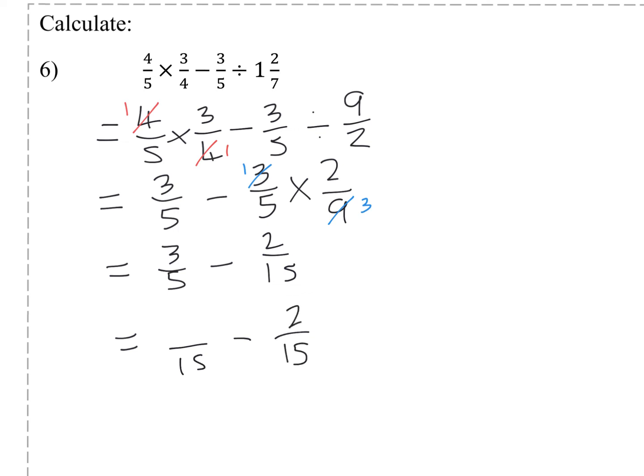So 2/15 is just 2/15 on the right-hand side. On the left, we've got fifths into 15ths, you have to times by 3. So 3 times 3 gives us 9. And 9/15 minus 2/15 is 7/15. We keep the denominator and we subtract the numerators.